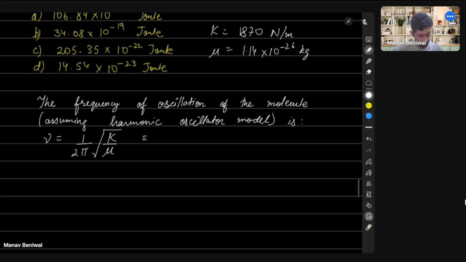Okay, so this becomes 1 over 2 pi under root 1870 over 1.14 times 10 to the minus 26.